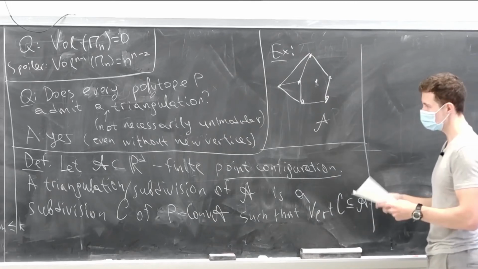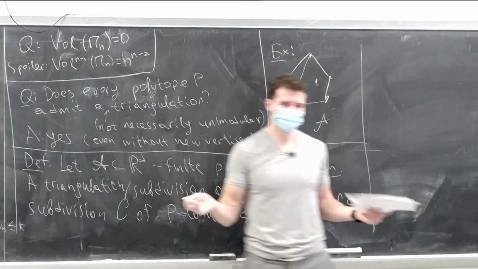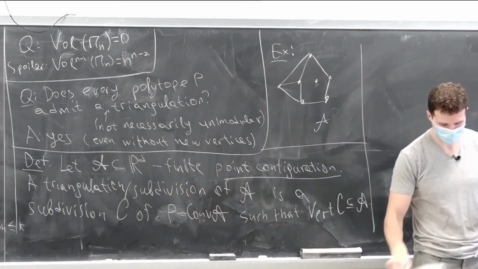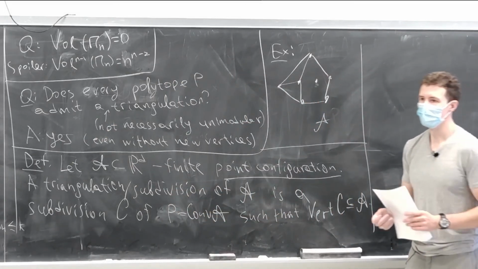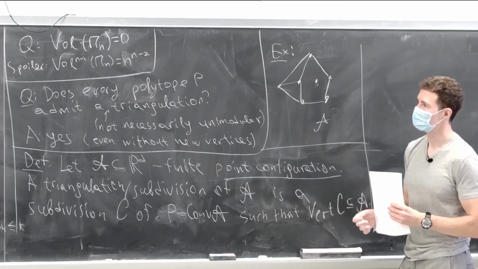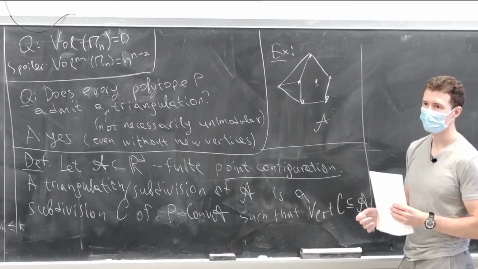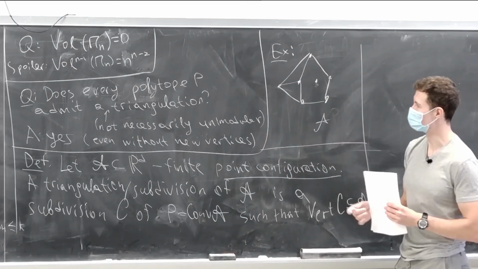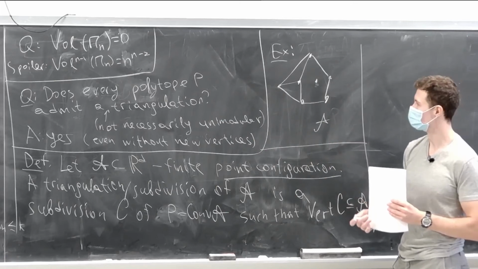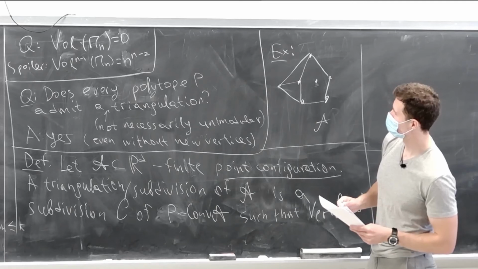So now I can ask the same question: does every point configuration admit a triangulation? And this is sort of tricky. Maybe it's not tricky. Maybe the same proof works, maybe not. Seems like it should work.